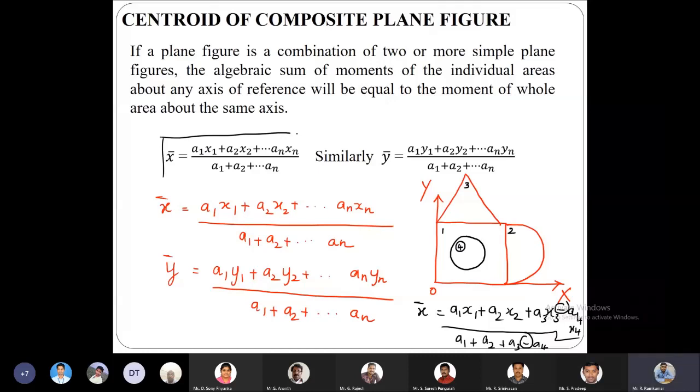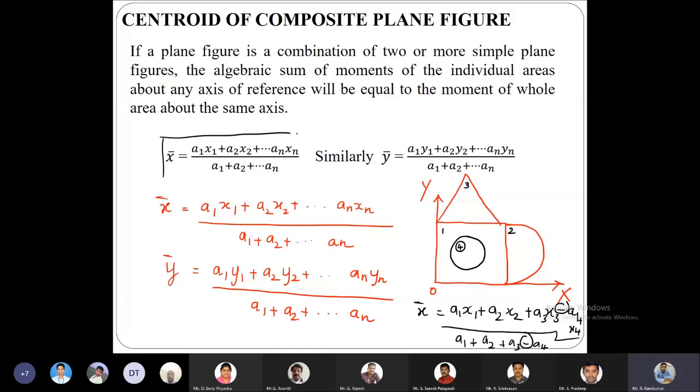Next, let us see a simple problem. Here we can see that there are two rectangles. Rectangle 1 is on the x side, extended along the horizontal, and we have another rectangle which is stretched along the y-axis.